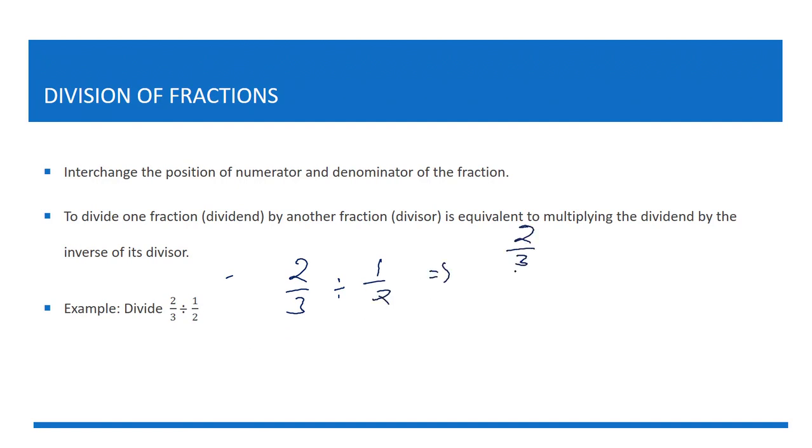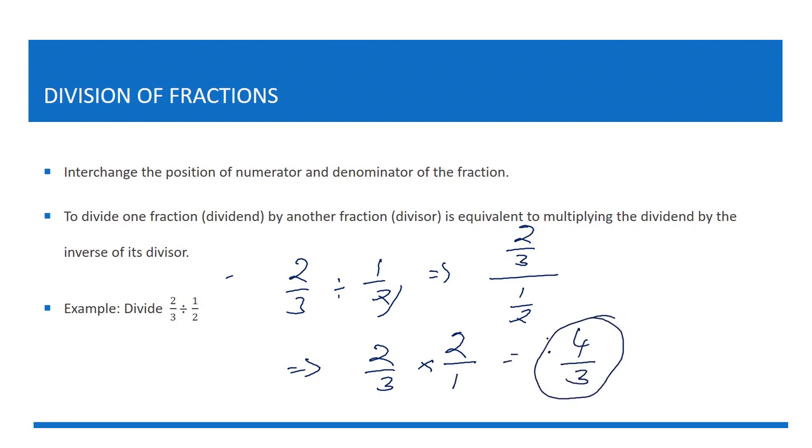Convert it into multiplication and interchange the position of the divisor. The divisor is 1 by 2, so it becomes 2 by 1: 2 2s are 4 by 3. This is the answer.